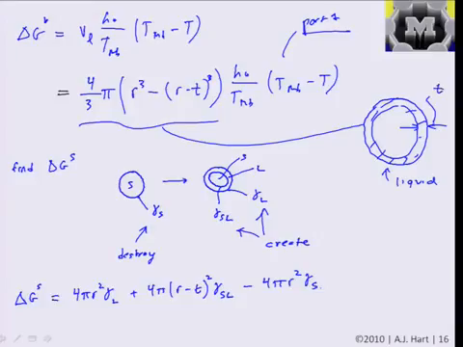And of course, as we said before, there are no volume changes, so we know that the volume of the initial one is equal to the volume of the final one.